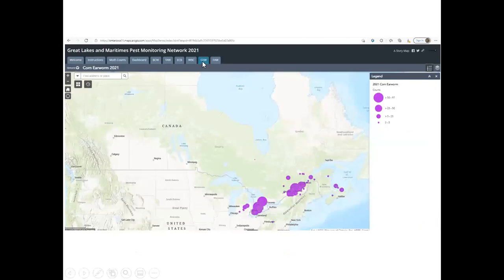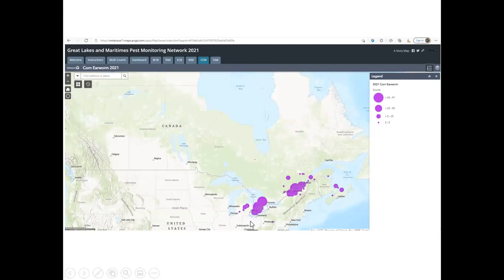So in this case, I've got it on the corn earworm folder, and I can go in at any time during the summer and see what the counts are in the traps that are being reported. And so that's a really good way for me to keep track of what's going on. And especially as we start to get reports in the states to the south of us, that's a good sign that we're going to start seeing problems in Ontario as well.